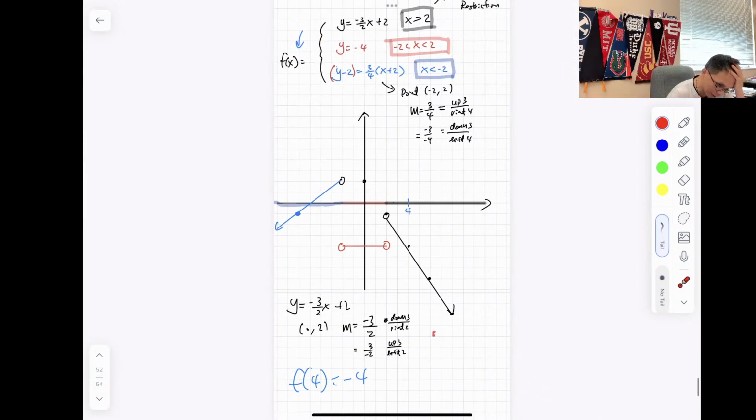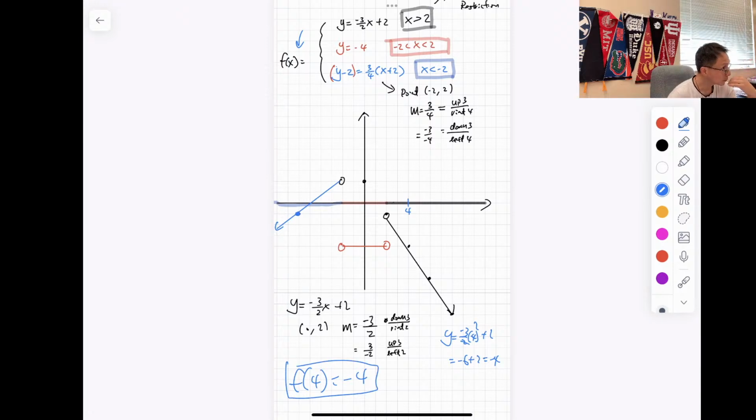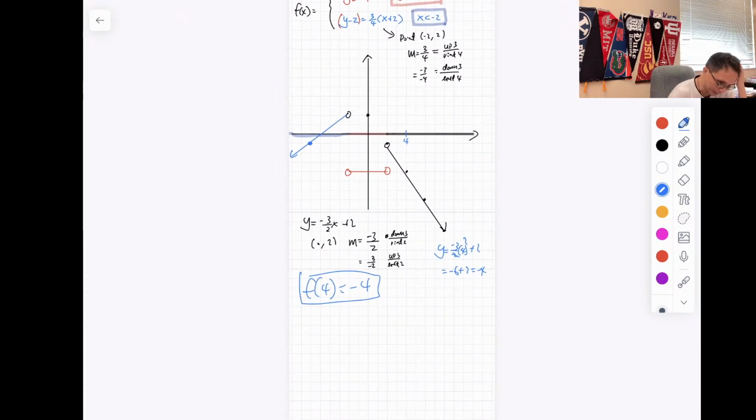So that's going to be y is equal to -3/2 times 4 plus 2. This is -6 plus 2, which is -4, which is perfect. I got -4 regardless. Does that make sense? Now, what happened is f of 1.